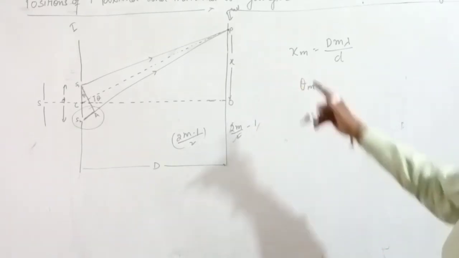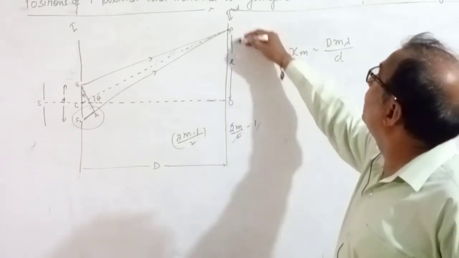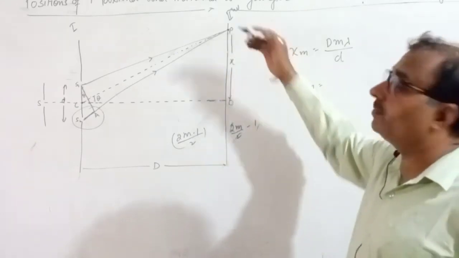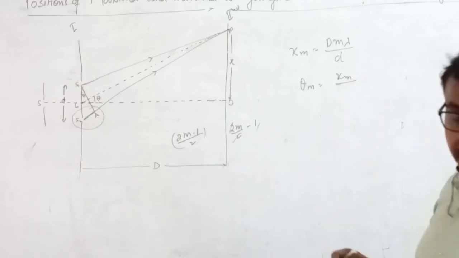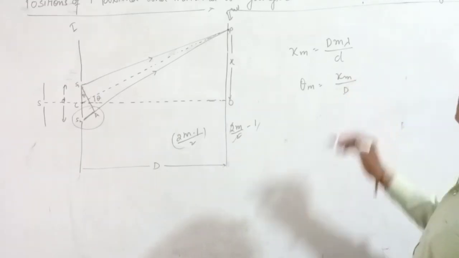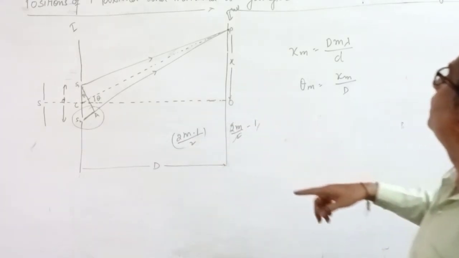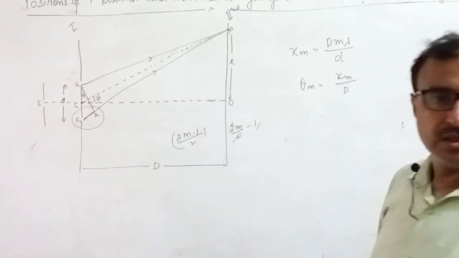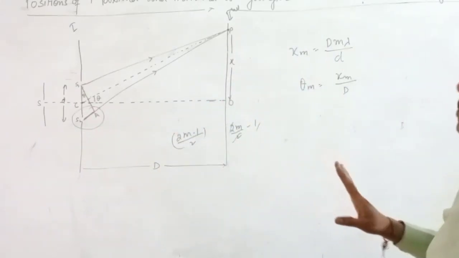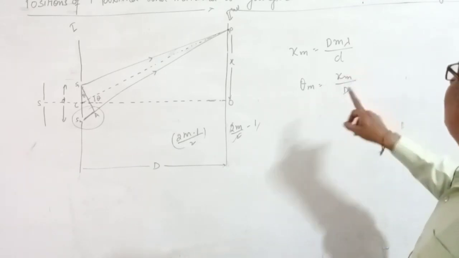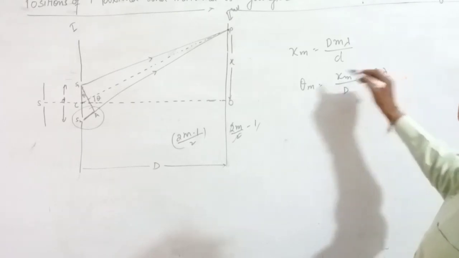This is the position in distance; now the angular position of this fringe. Theta m equals x_m upon D. Why have we written this? Theta equals arc upon radius. So you take this as the arc and this as the radius. So theta m equals x_m upon D. When you divide, you get m lambda upon small d.